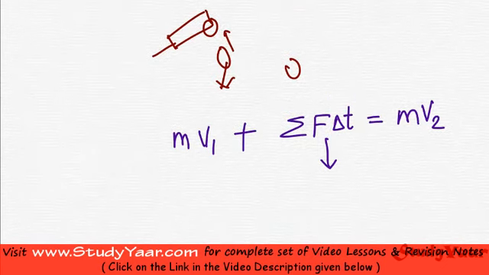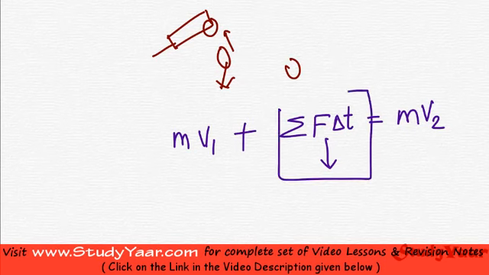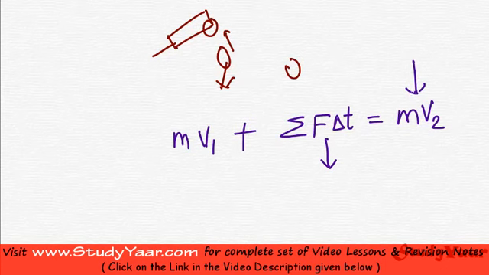So we are saying my impulsive force is capable of producing a change in momentum. Your initial momentum plus your impulse due to that impulsive force is going to be your final momentum.